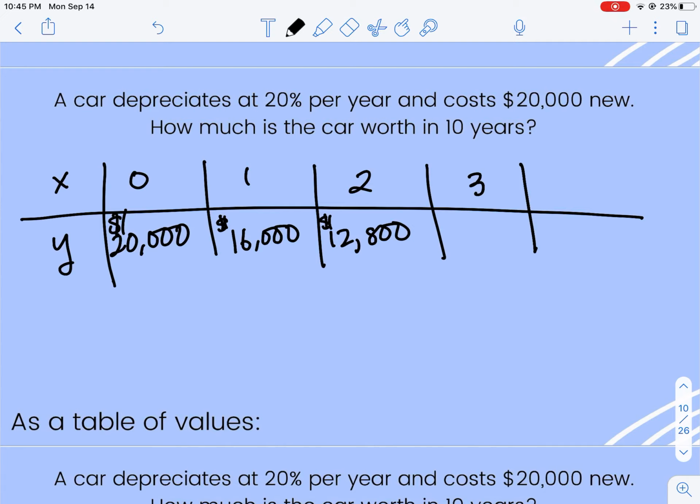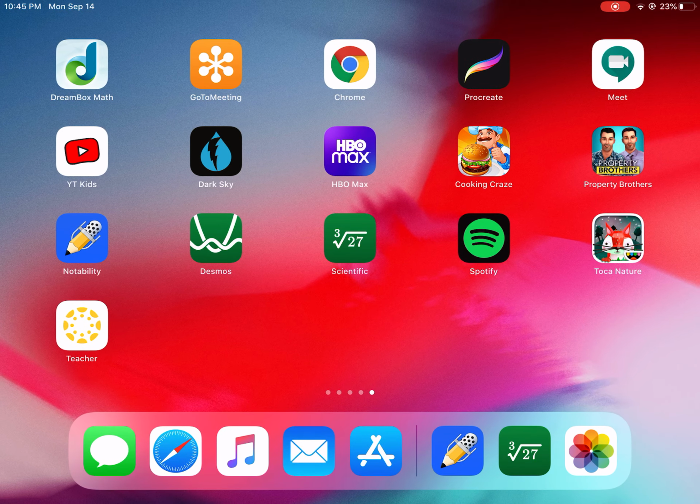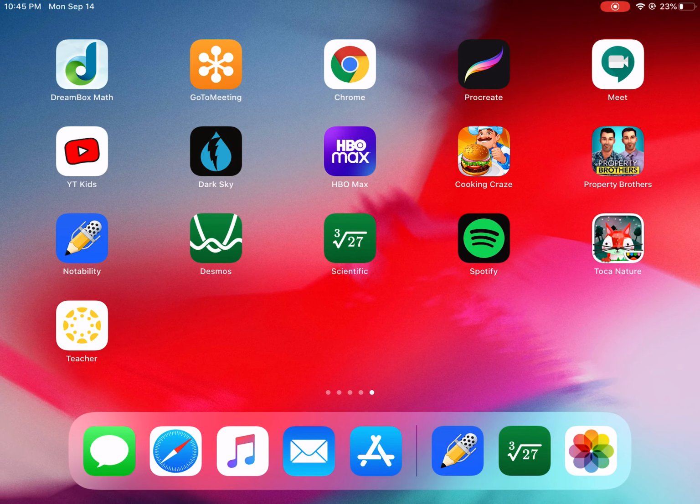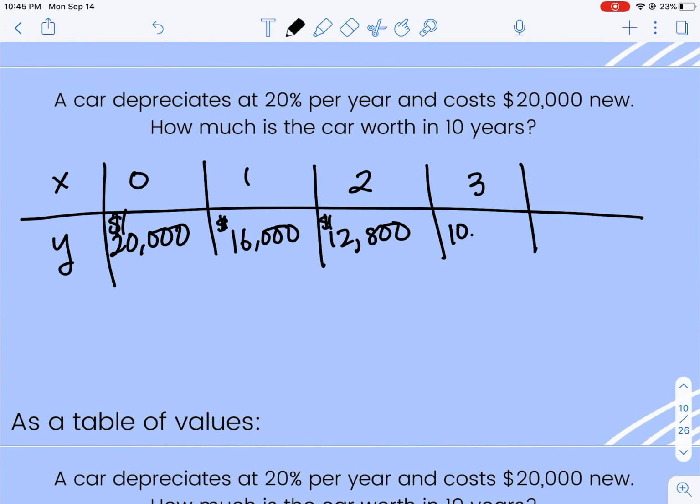And if we were to find out after 3 years, what would it be? Well, we're going to take that 12,800 and multiply that by 0.8. And we get $10,240. So in 3 years, our car's almost lost half of its value.